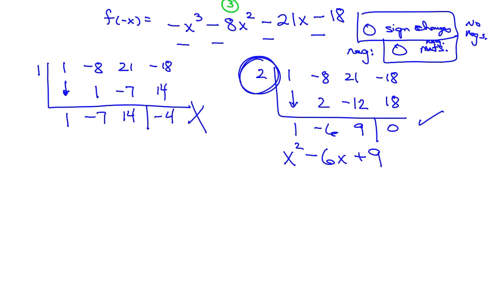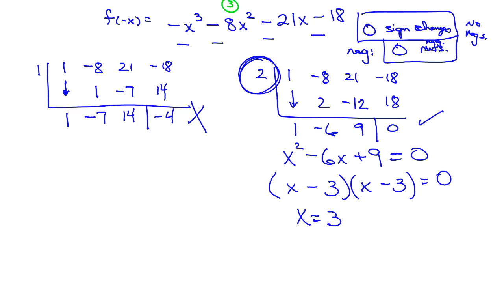We can factor it, or we can use the quadratic formula, or we could complete the square. Luckily, I see that this one factors as x minus 3 times x minus 3. And that's going to give me x equals 3, and there's 2 of them here, so we're just going to write that x equals 3 with multiplicity of 2.